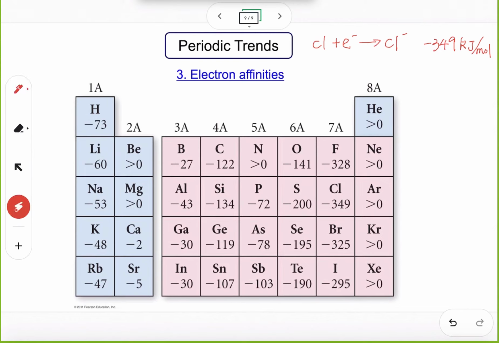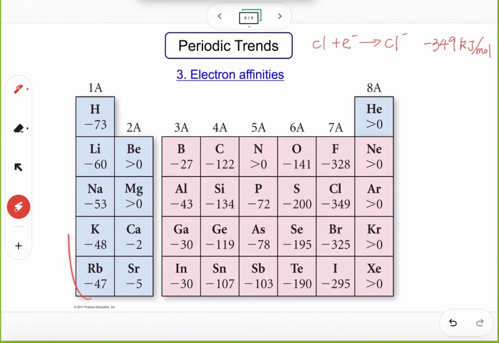Later on when we talk about the thermodynamics chapter, we will talk about the signs of those energies. But here, you just need to know that this is the energy associated with this equation. The higher the number here, the greater electron affinity the neutral element will have. Now let's take a look at the trend.